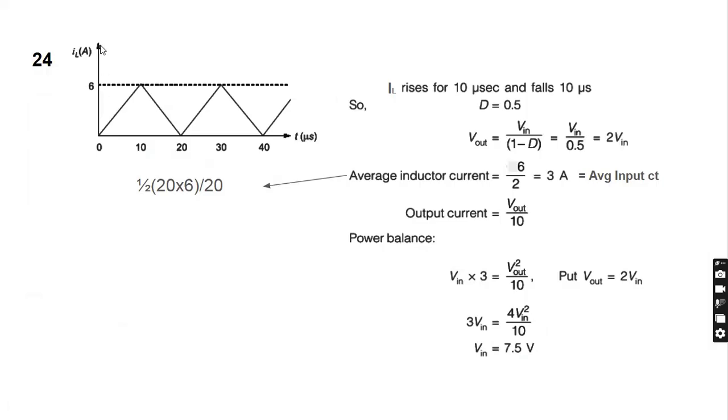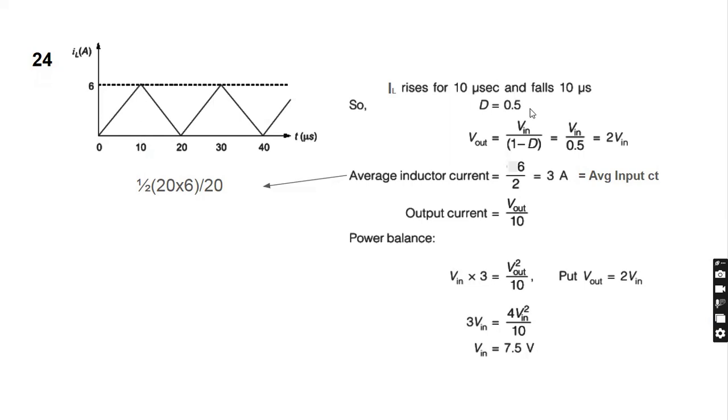We are given the inductor current waveform, which rises from 0 to 6 ampere in the first 10 microsecond and falls from 6 to 0 ampere in the next 10 microsecond. So we can see that this is one full cycle. So we can tell that the duty ratio is 50%.